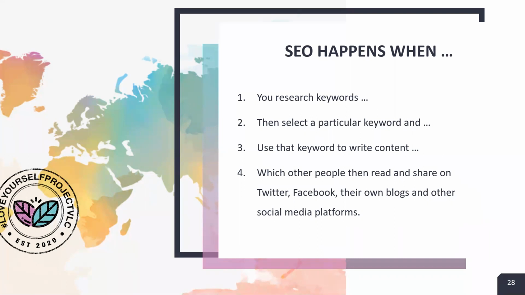So for me, that again is quite interesting because SEO happens when you research keywords, then select a particular keyword, use that keyword to write content, then other people read it and share it on Twitter, Facebook, their own blogs, and other social media platforms. That's really the key. So in order to thrive, your online business must go beyond simply writing content. Your content needs to accomplish two things: solve a particular problem and appeal to the end user.